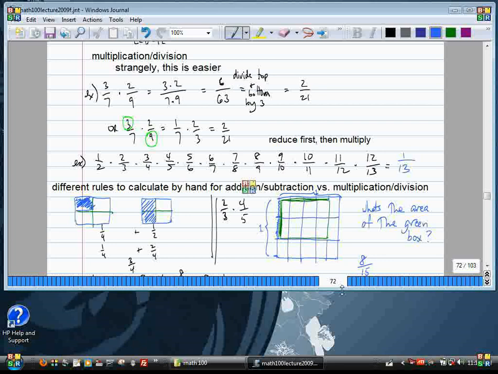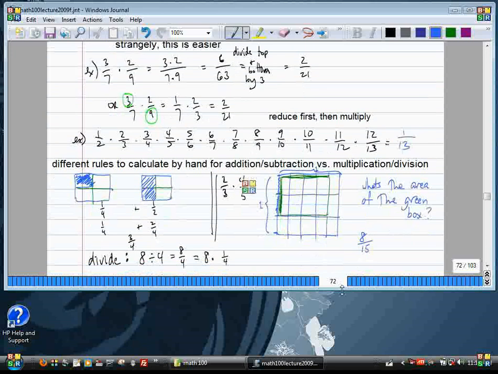But what I want to convince you of is that 8 over 4 can also be written as a multiplication. 8 over 4 is the same as 8 times what? It may help if you think of it as 8 over 1. But does that make sense? Everyone, does that make sense?